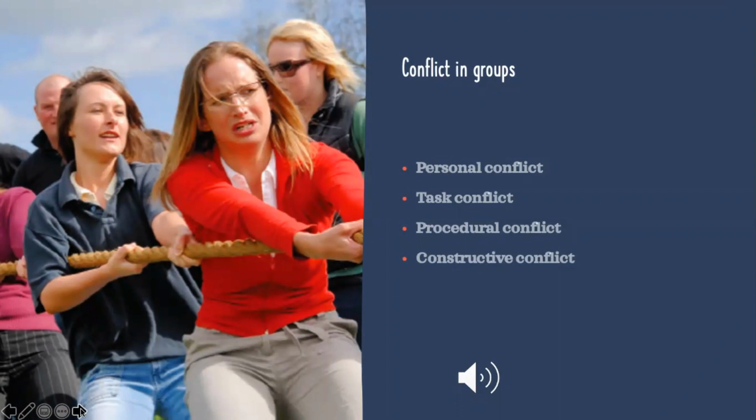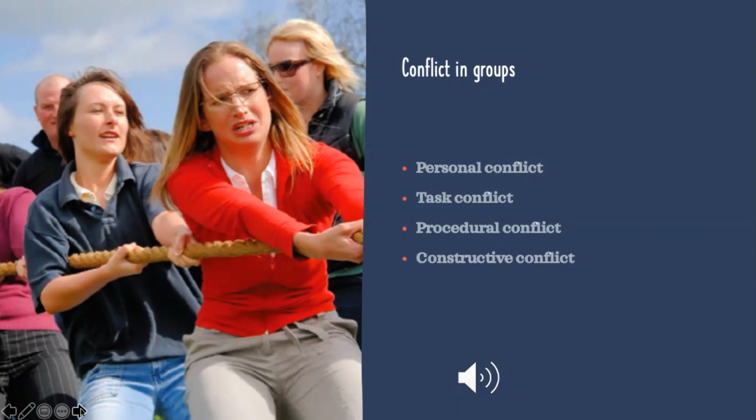Now let's find out a little bit more about conflict in groups and also types of group conflicts. We have mentioned that there are four main areas that we'll look into: personal conflict, task conflict, procedural conflict, and constructive conflict.